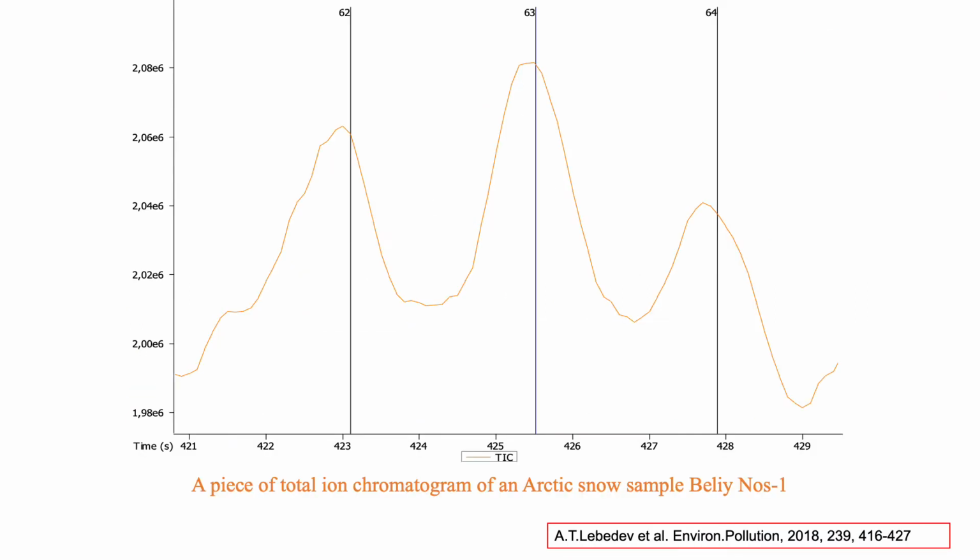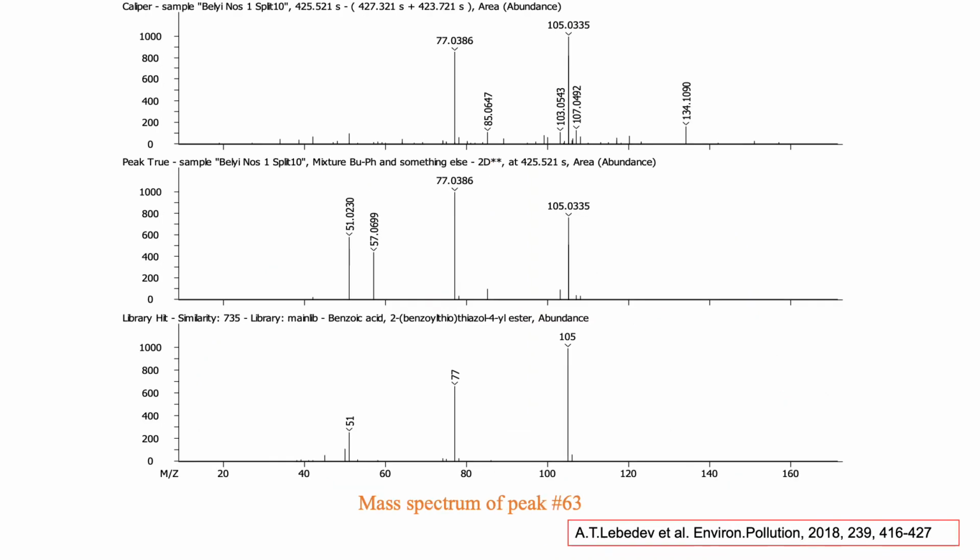Another example, Arctic snow. Look at that chromatographic peak, number 63. It looks like an individual, nice, intensive peak. It should be easy to understand what the component is. However, the mass spectrum recorded at the top of this chromatographic peak doesn't look very spectacular.